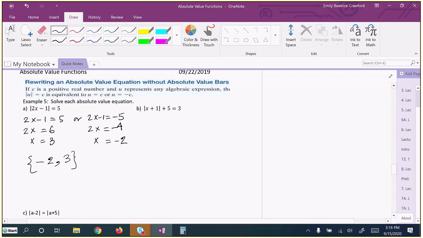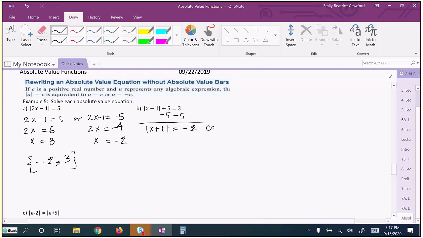Now the second example, you have absolute value of x plus 1, plus 5, equal to 3. First, to get the absolute value by itself, I'm going to subtract 5 from both sides, and I will get absolute value of x plus 1 is equal to negative 2. But remember, an absolute value cannot be equal to a negative number.